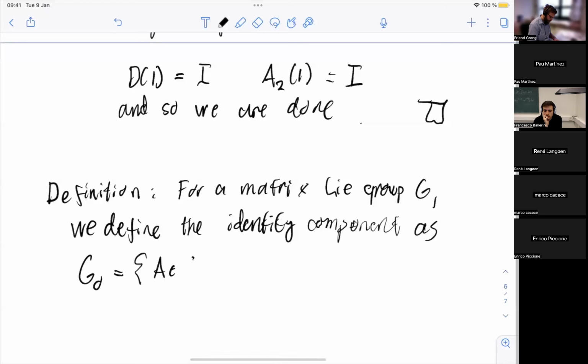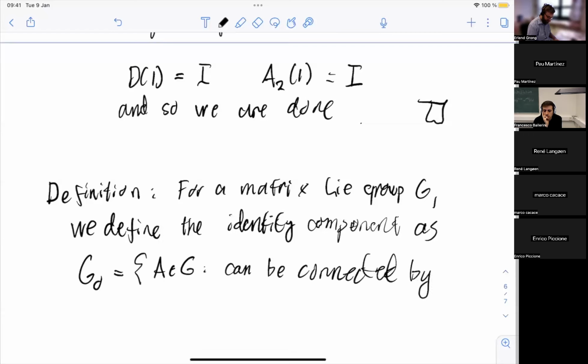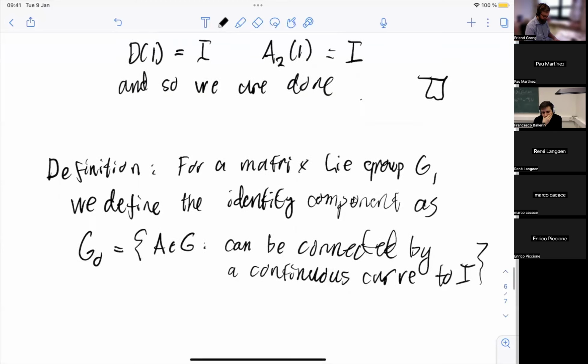Any A in G can be connected by a continuous curve to the identity matrix.